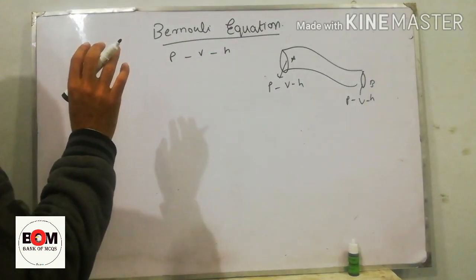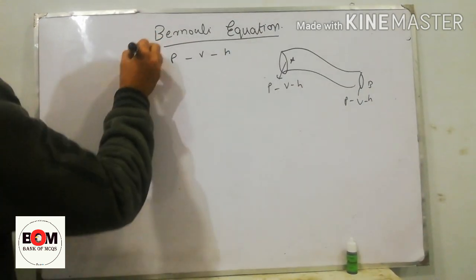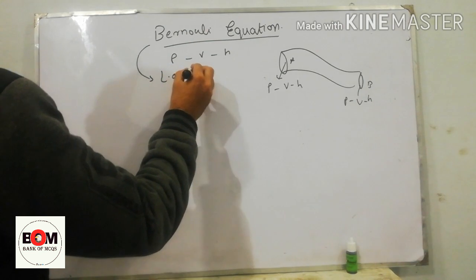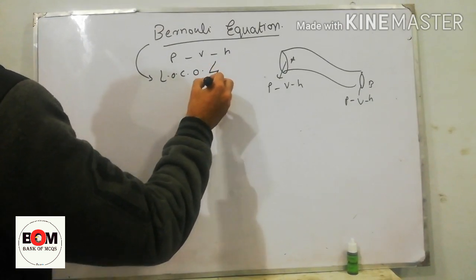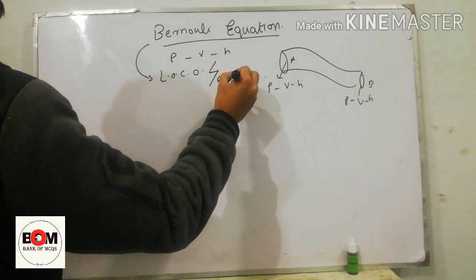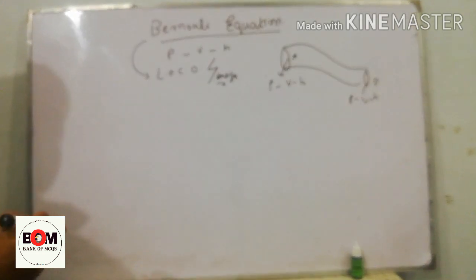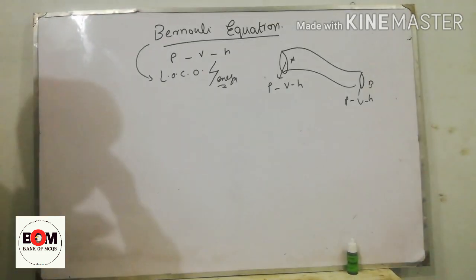Now to prove the Bernoulli equation, we must remember that the Bernoulli equation is the law of conservation of energy. According to the law of conservation of energy, energy can neither be created nor destroyed, but it can change from one form to another.